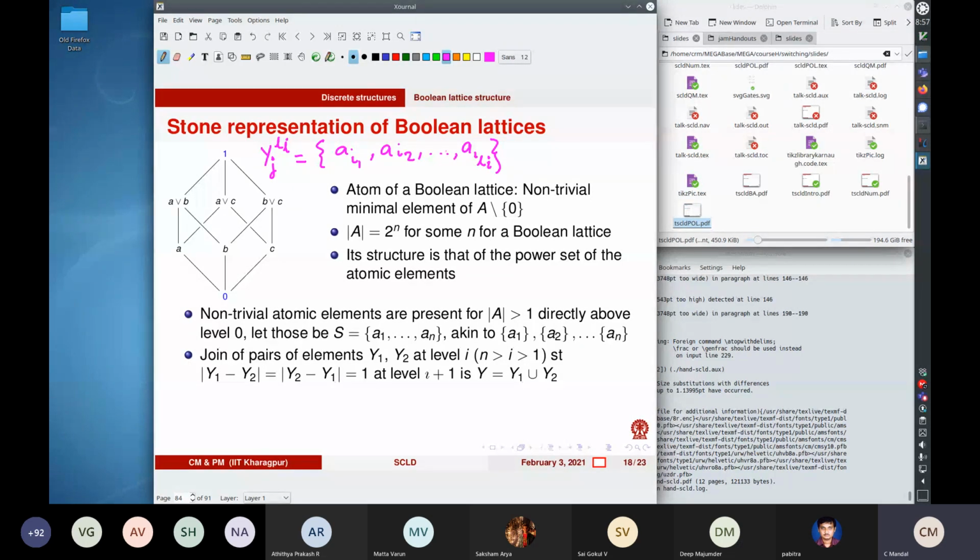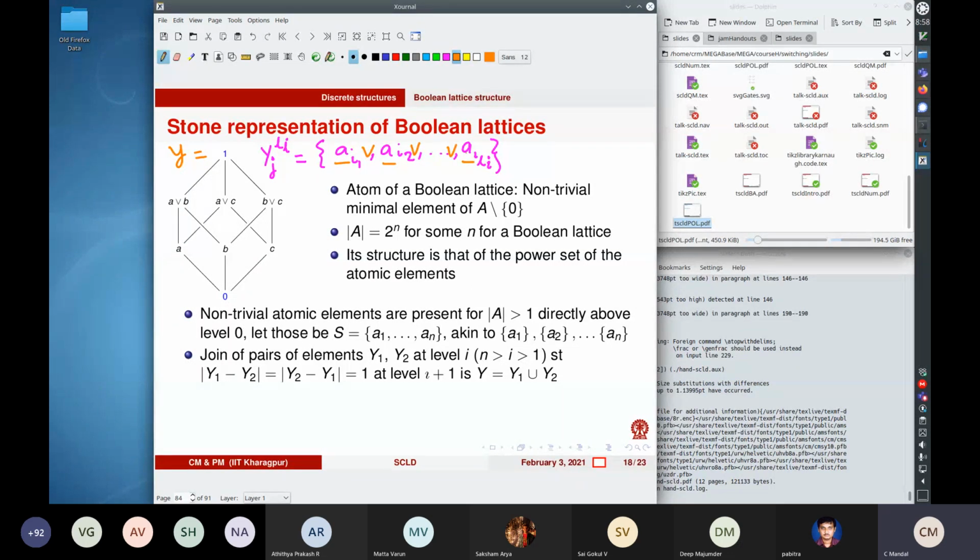And the particular element y is simply the join of all these elements. So this subset represents a particular element as the join of these. These are the atoms of the Boolean lattice.